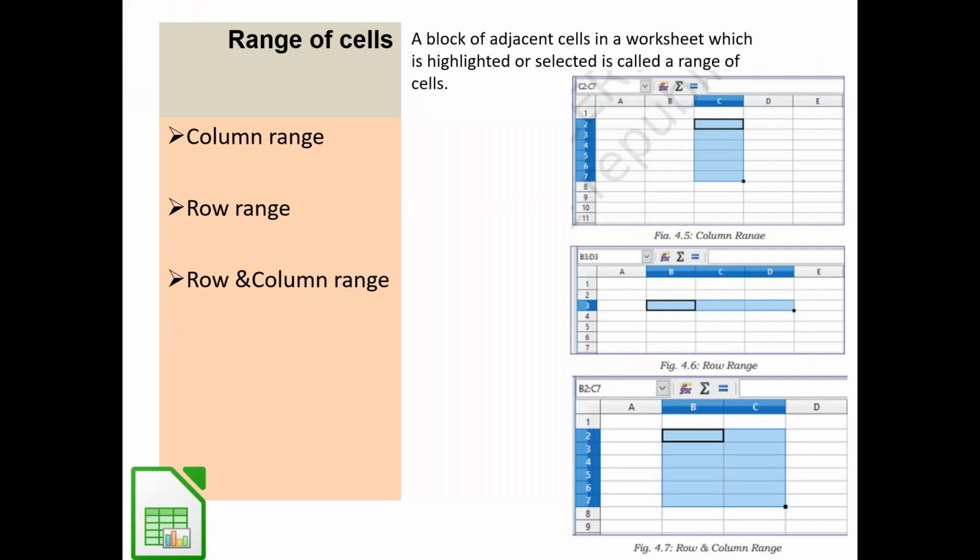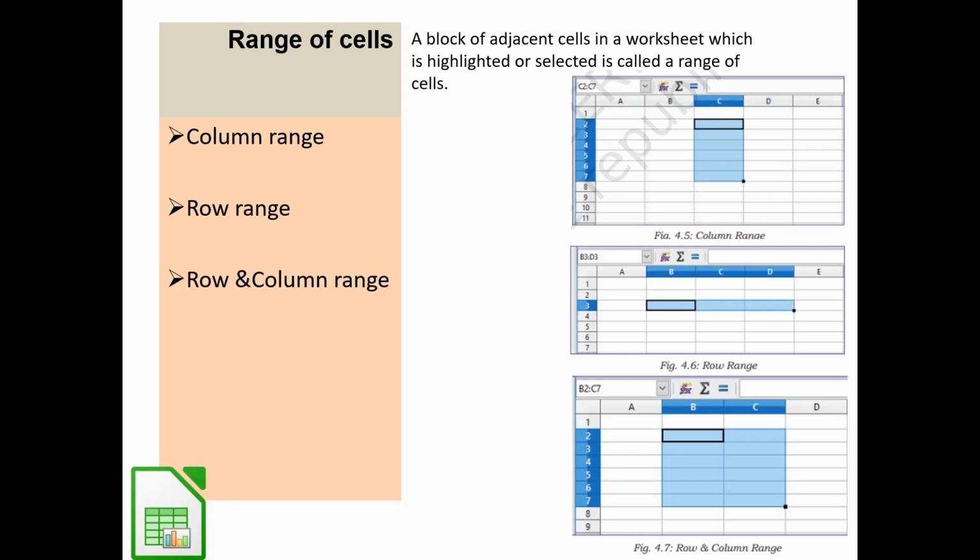Now we are discussing the range of cells. So simply we can discuss this as a column range, a row range, and a row and column range. A block of adjacent cells in a worksheet which is highlighted or selected is called a range of cells. The column range is a number of cells spread across the column.